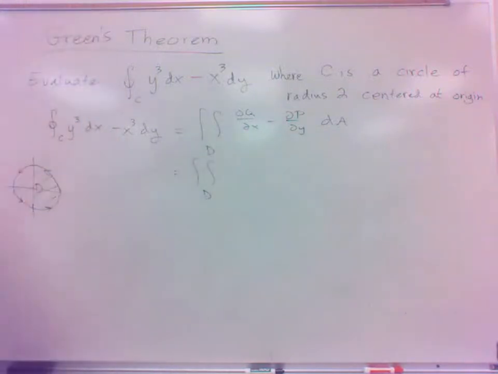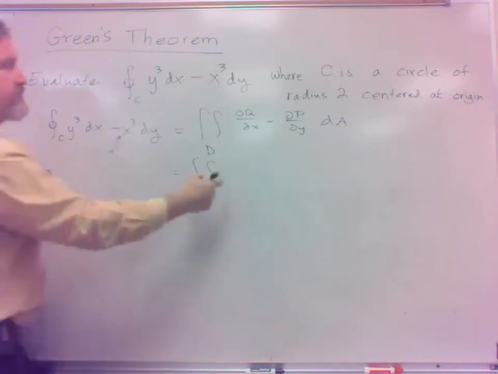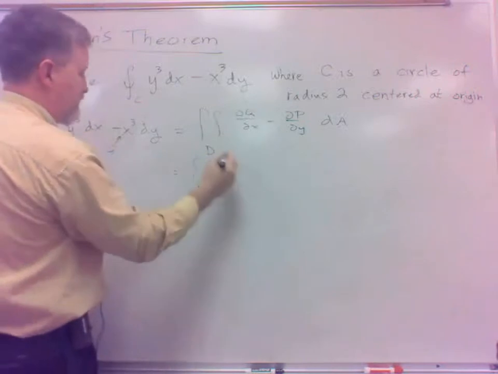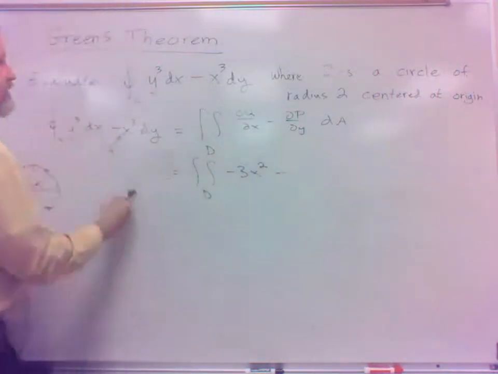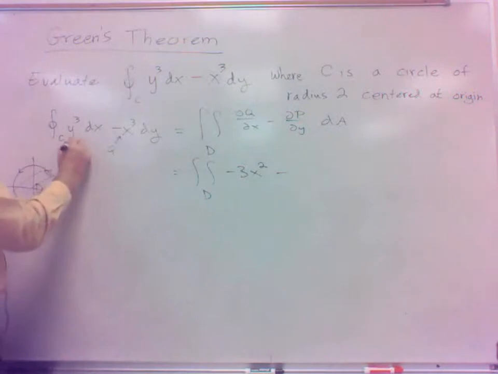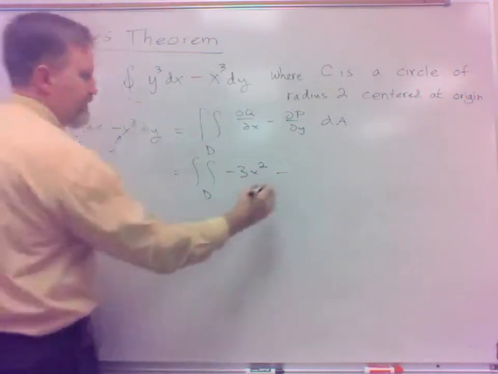Now, be careful on this, because the Q here we have to include the negative, because it's in the form P dx plus Q dy. So the Q is negative x cubed. So the partial of Q with respect to x would be negative 3x squared, minus partial of P. P is just y cubed, so that's just 3y squared.